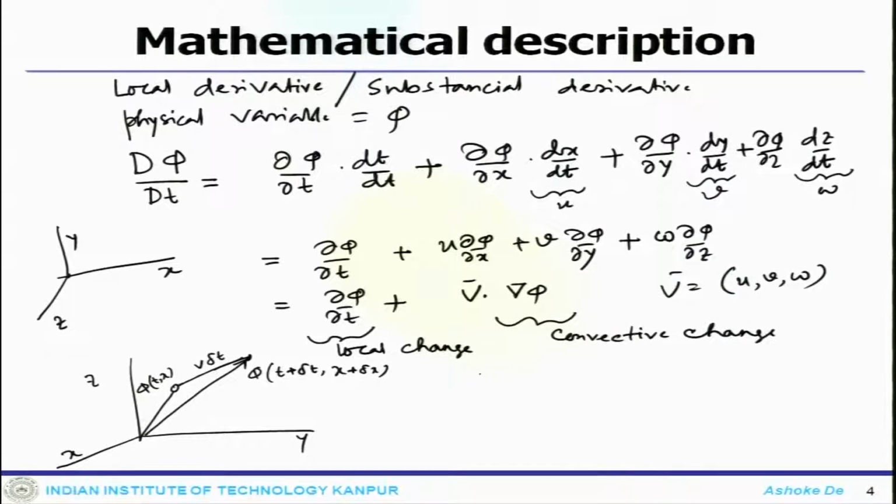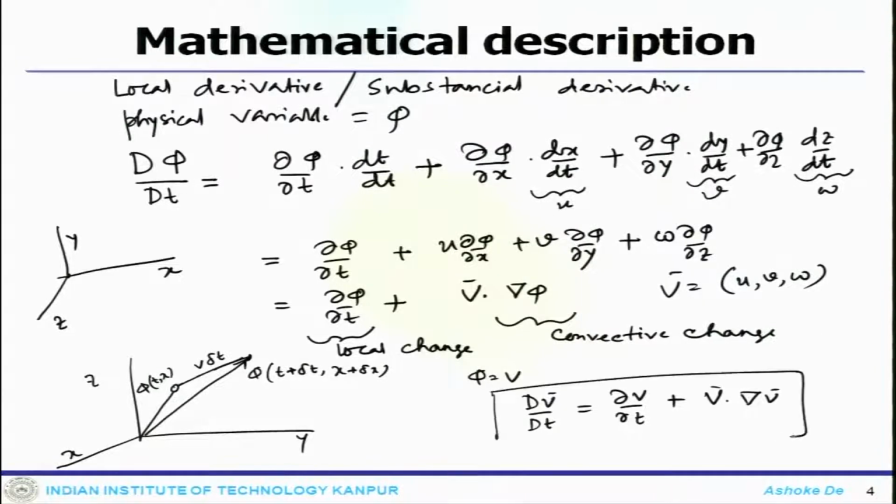Now, if the phi is v, then you get dv by dt equals del v by del t plus v dot del v. Okay. So, that gives you the Eulerian formulation of the substantial derivative of the system, which connects the local change and the convective change. Okay.